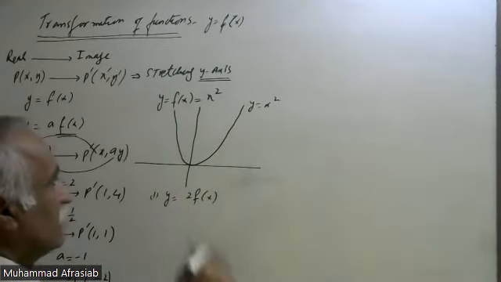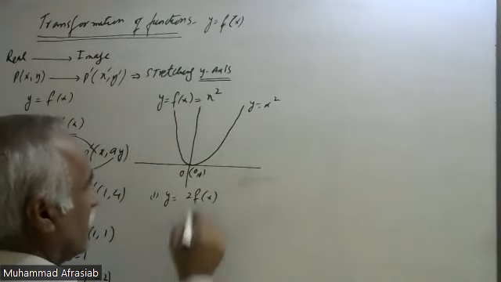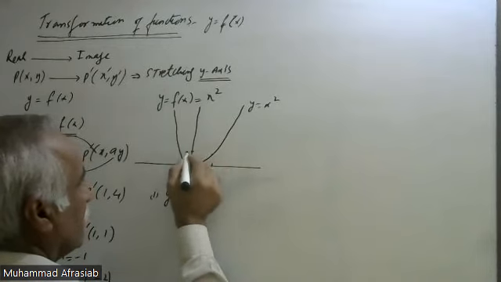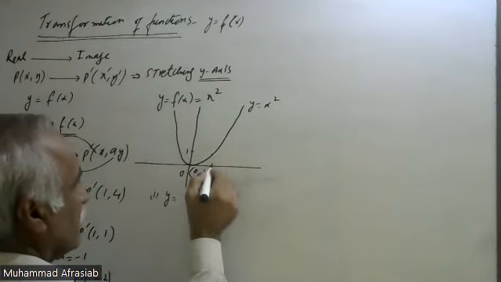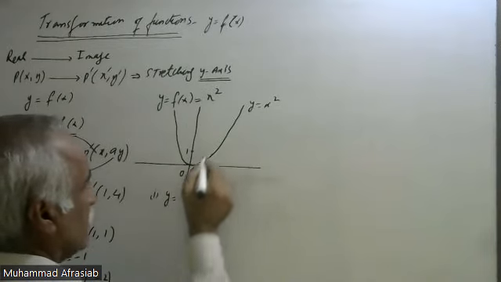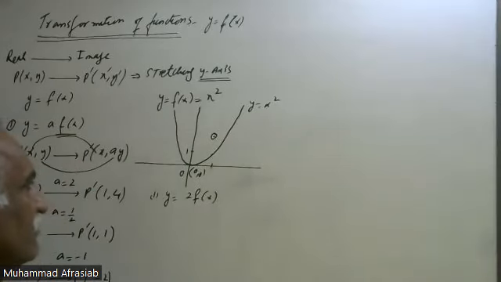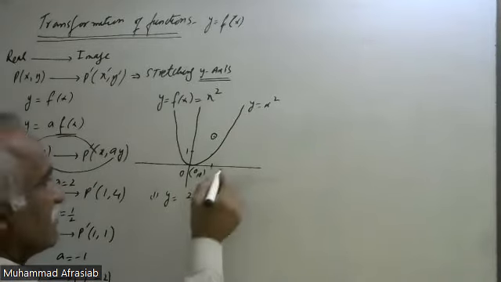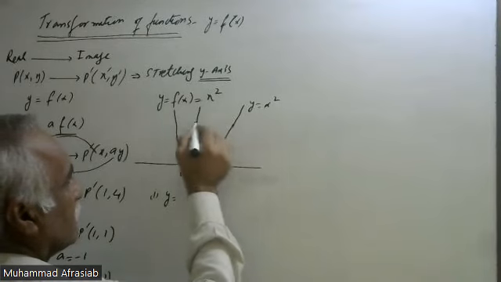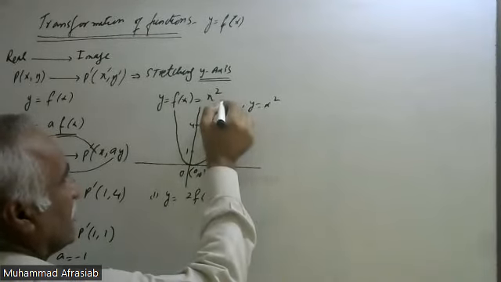So if it is 0, 0, it will remain 0, 0. But when x is 1, the y value is 1, and now with 2 f of x, it will become 2. If x is 2, y is equal to 4, and twice that 4 is 8, so it will become 8 here.